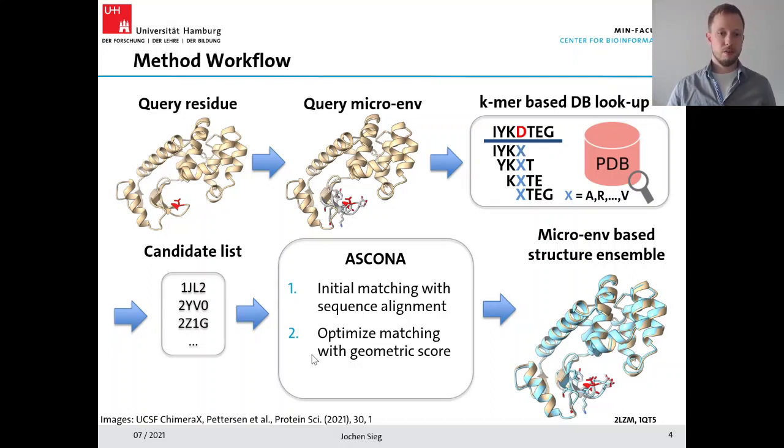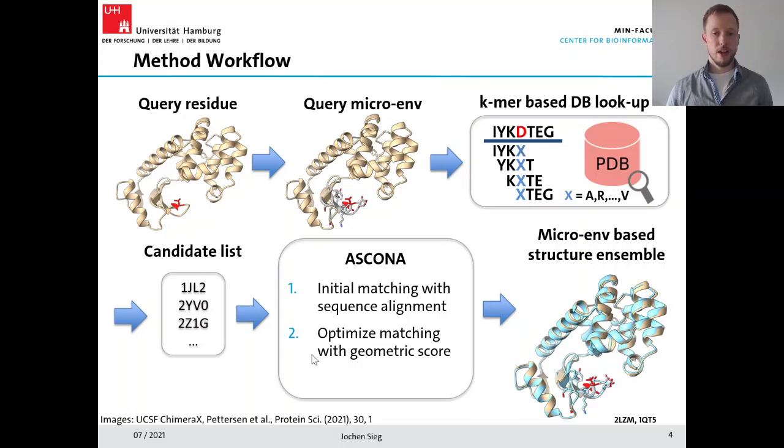The first thing we do is compute the local microenvironment of this red residue by collecting all the residues in a distance of 6.5 angstrom to our query residue. This is the microenvironment. We then generate connected sequence fragments from these residues by connecting and extending shorter sequence fragments.